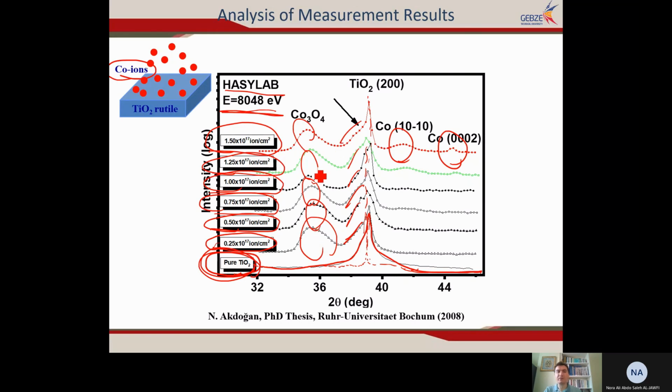So by analyzing this, you can get a lot of information about what happened to your material after cobalt ion implantation, and you can discuss the position of the cobalt ions within this material. You can decide whether these cobalts are sitting in the titanium dioxide lattice or they form clusters, okay? So this is a very useful method. With X-ray diffraction, you can get a lot of information about your material.